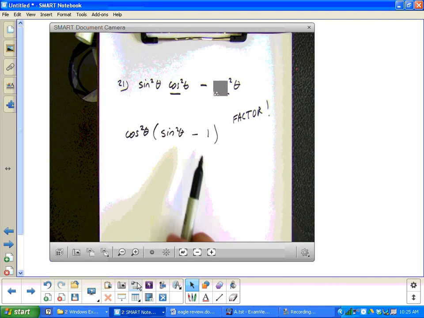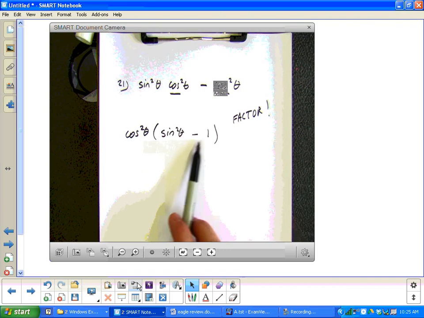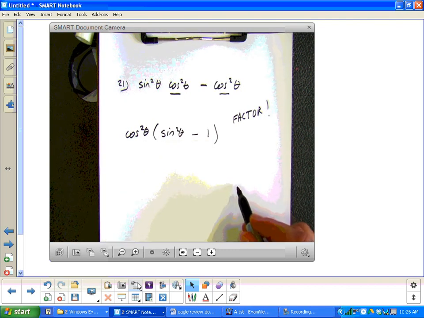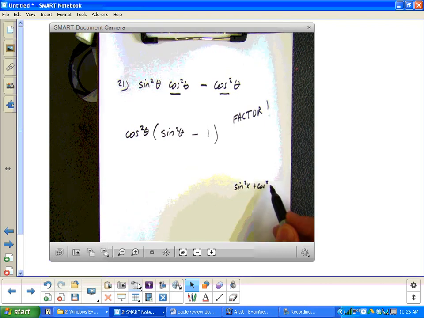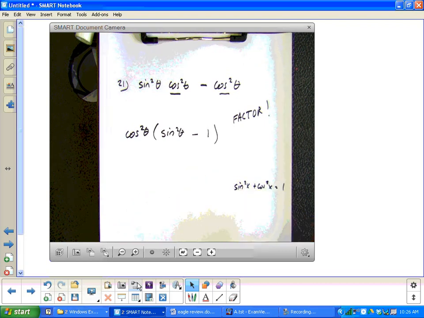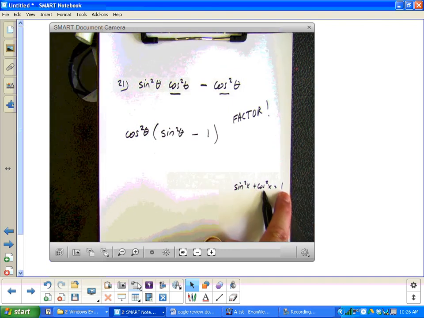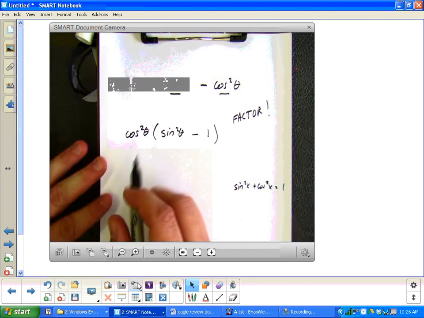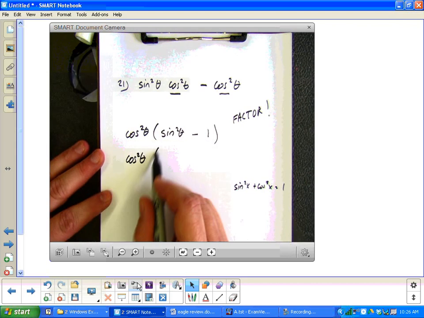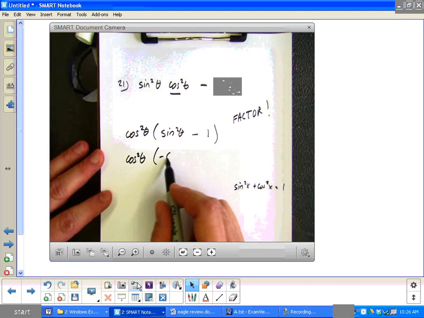Okay. Sine squared minus 1. Think about this. You know that what? Sine squared x plus cosine squared x equals 1. So to get sine squared minus 1, you just swap these two. So it's negative cosine squared. So you get cosine squared theta times negative cosine squared theta.